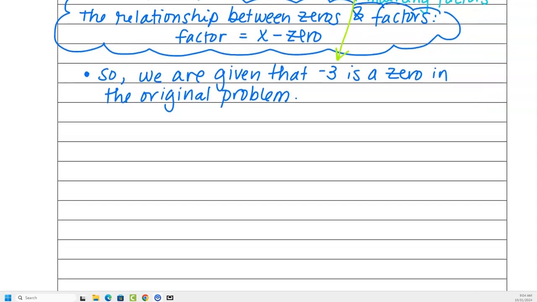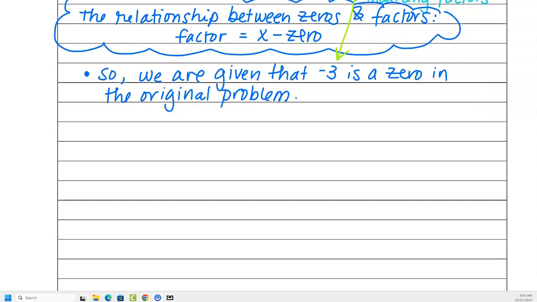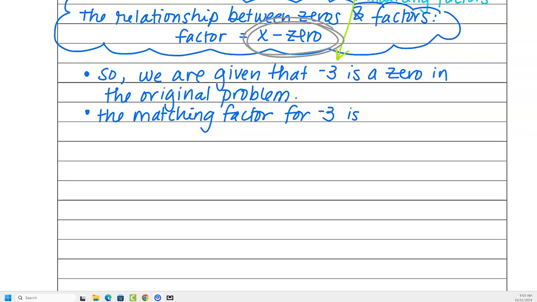So the next thing is that the matching factor for a negative 3, okay, is, now remember the relationship up above right here is that you have x minus the 0.